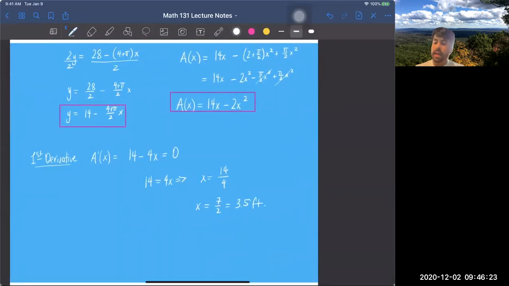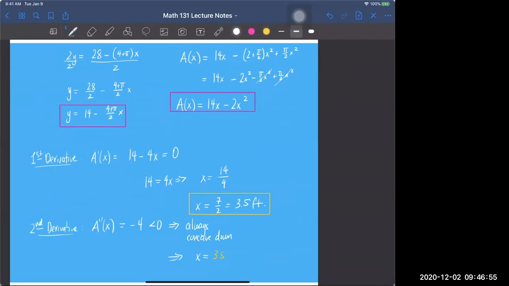And just to make sure this is a maximum, which it would be, I do the second derivative. The second derivative test gives me minus 4. This is always negative, so that means that this is always concave down. If it's concave down, then it must mean that when x equals 3.5, there is a maximum, right?